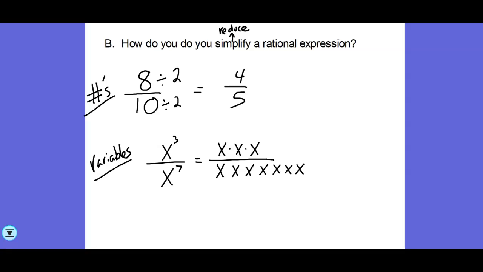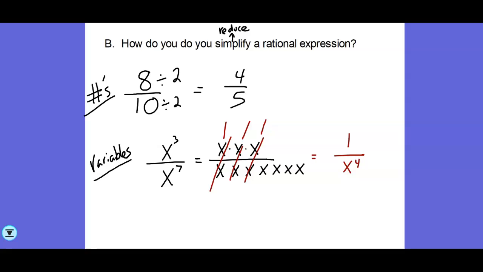And what we do is we divide them out. X divided by x leaves 1, x divided by x leaves 1, x divided by x leaves 1, and so on the top we're left with 1, and on the bottom we're left with x to the 4th power. But there's definitely a faster way to go about doing this.